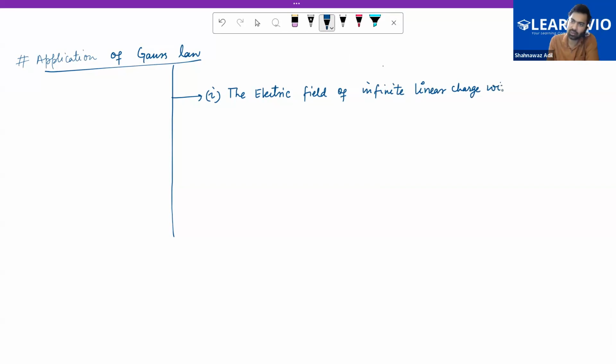The second thing is that we can calculate the electric field of an infinite sheet. And then the third one that we can calculate is the electric field of a hollow non-conducting, or hollow conducting, or solid conducting sphere.